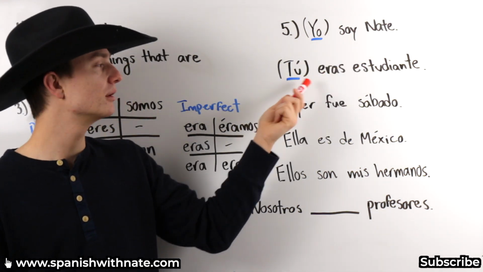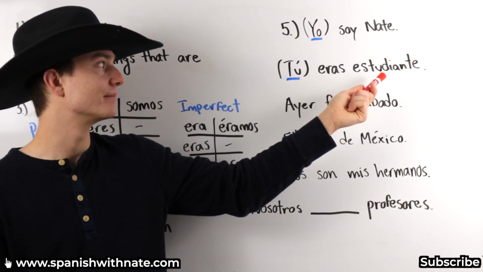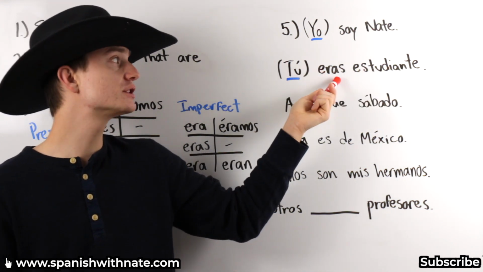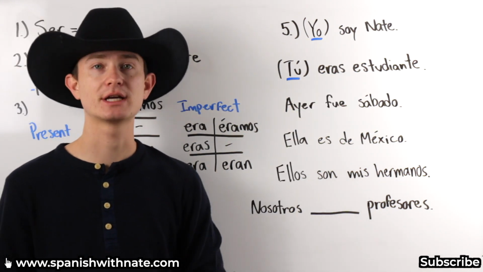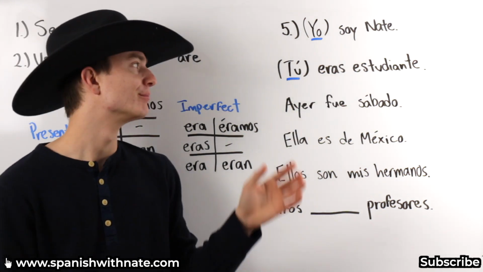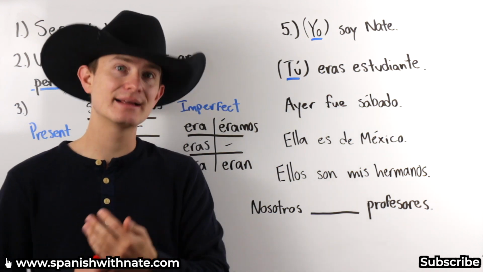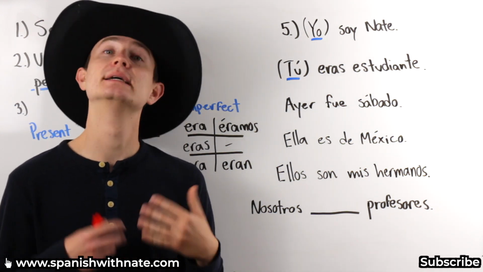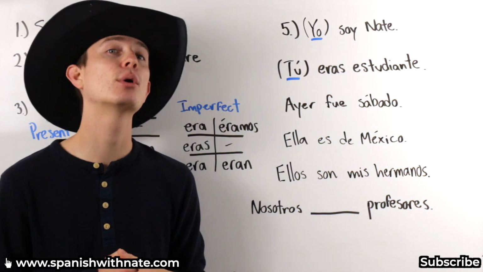Next, tú eras estudiante. You were a student. You used to be a student, but you're not anymore. Now, with ser in the past tense, it can get a little bit confusing because, like we talked about, ser is used for things that are permanent.